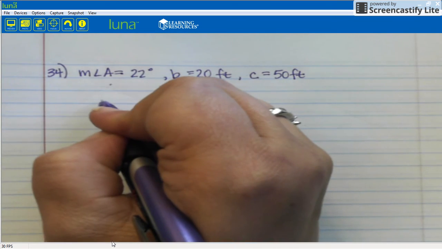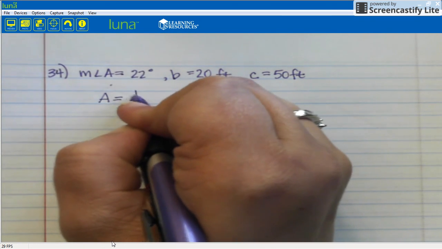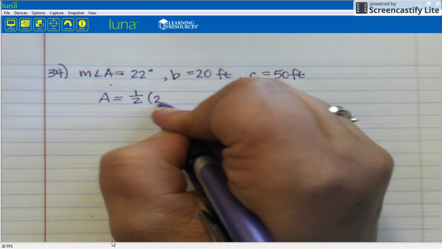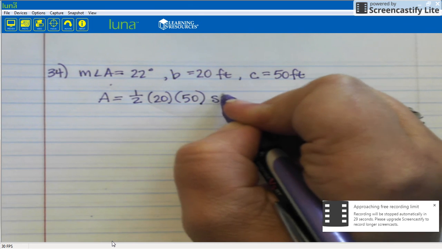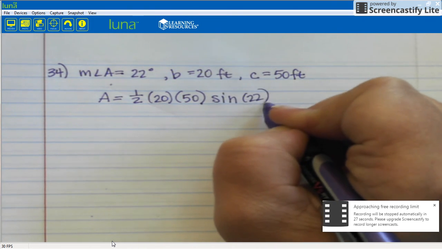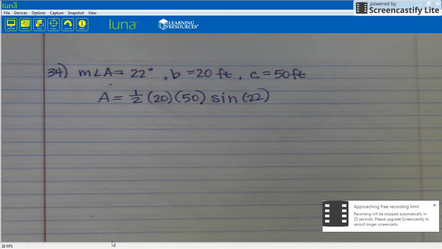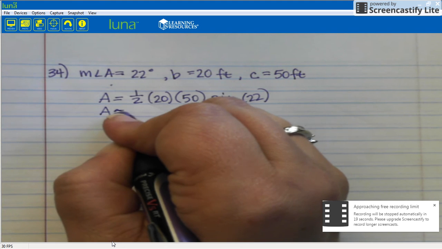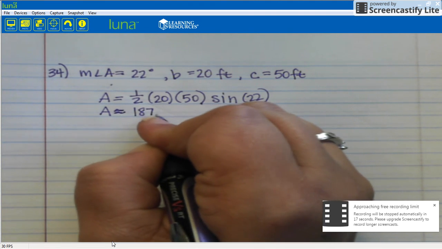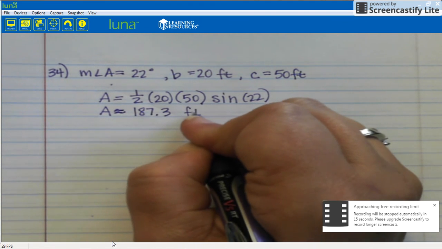So I have my area is equal to half of b times c times the sine of 22, which means my area is going to be approximately equal to 187.3 feet squared.